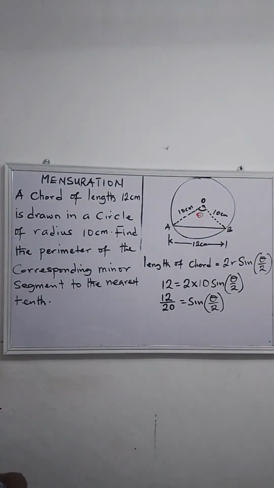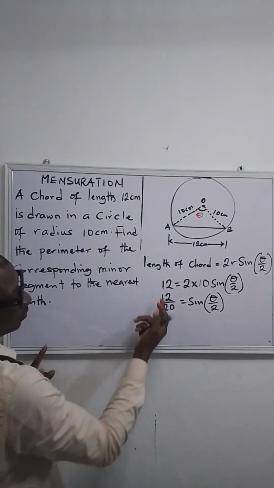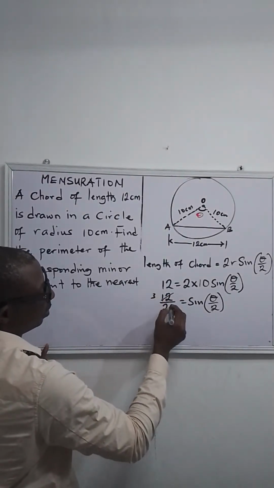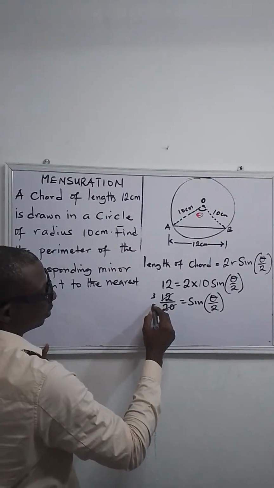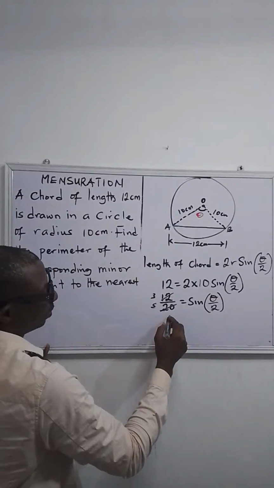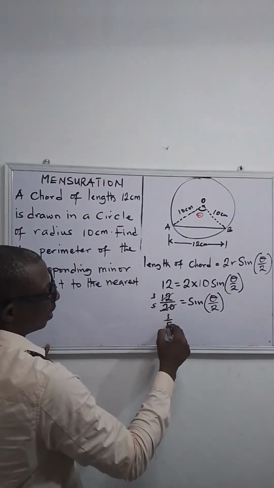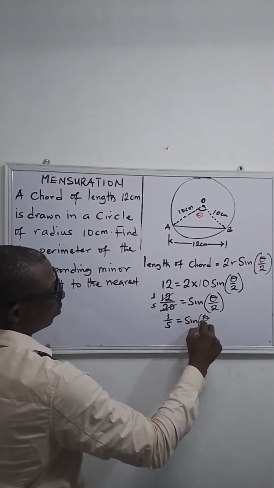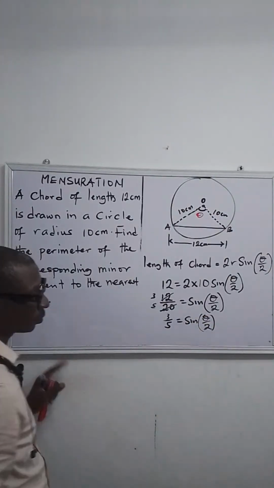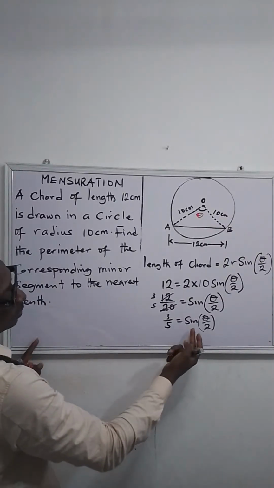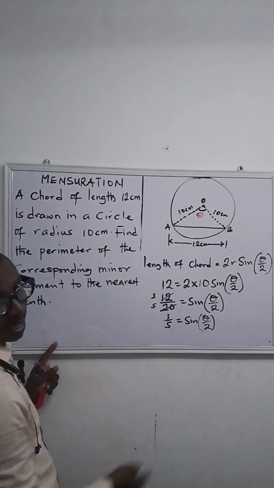All right, so let's break this down. 4 goes into 12 three times, and 4 goes into 20 five times. So that means we have 3 over 5 equals sine theta over 2. Now we are going to find the arcsine of both sides.